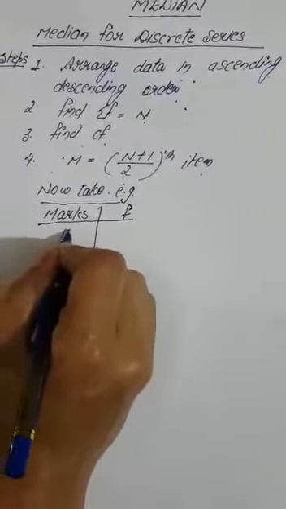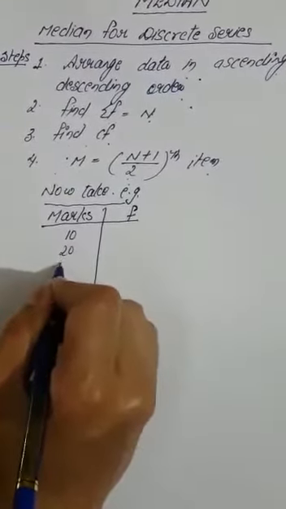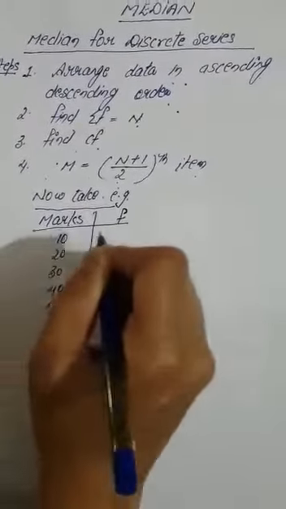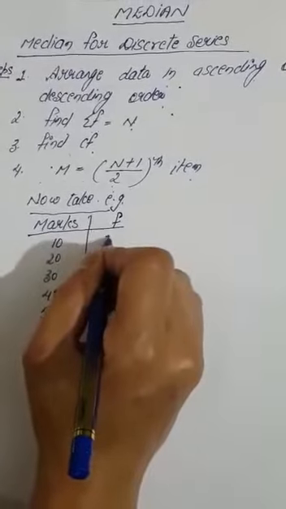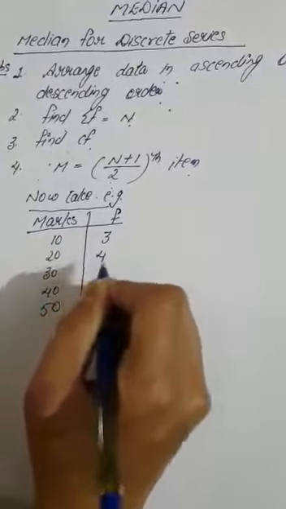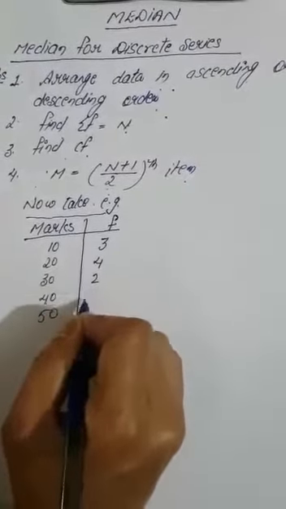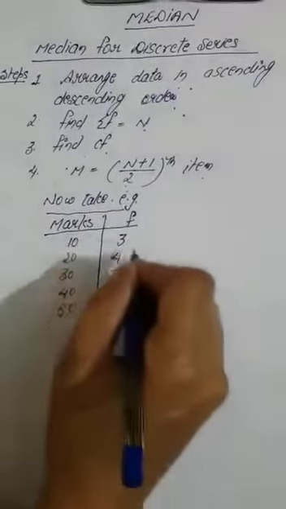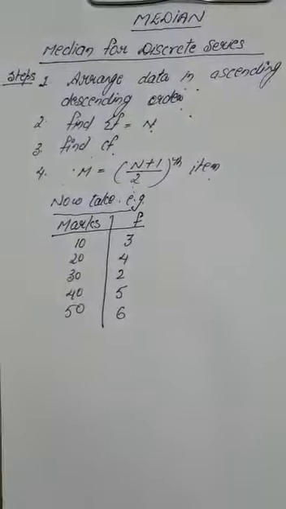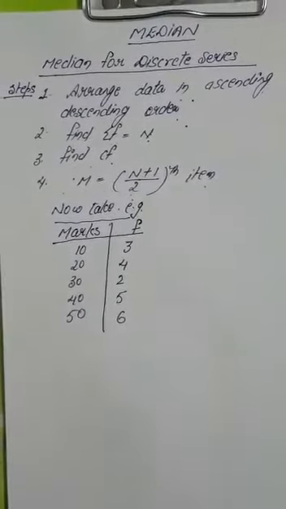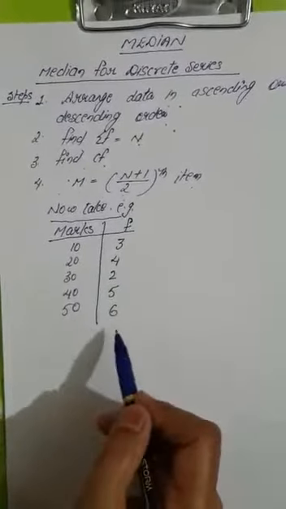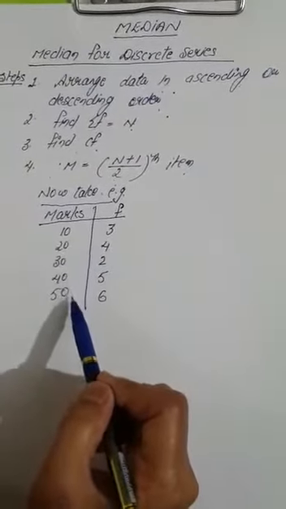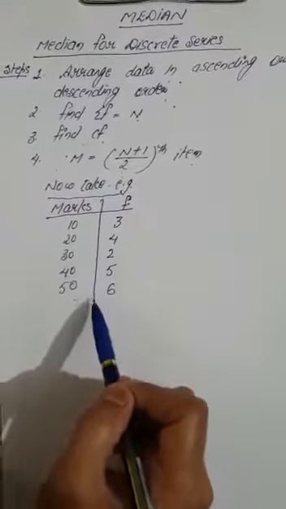Marks we can take as 10, 20, 30, 40, 50, and the frequencies under those are 3, 4, 2, 5, 6. Now we have this data. The first step is to arrange the data in ascending or descending order. Look at the data, it is already in ascending order.